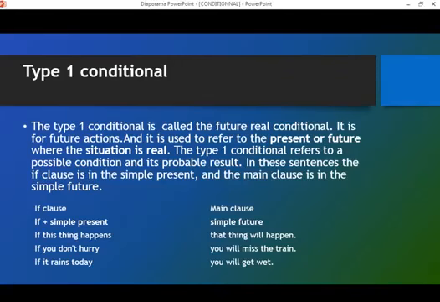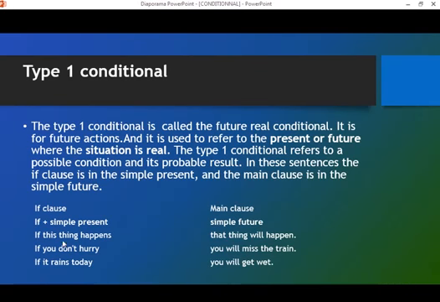The type 1 conditional refers to a possible condition and its probable result. In these sentences, the if clause is in the simple present and the main clause in the simple future. Here we have in the if clause, if plus simple present, and in the main clause, simple future.